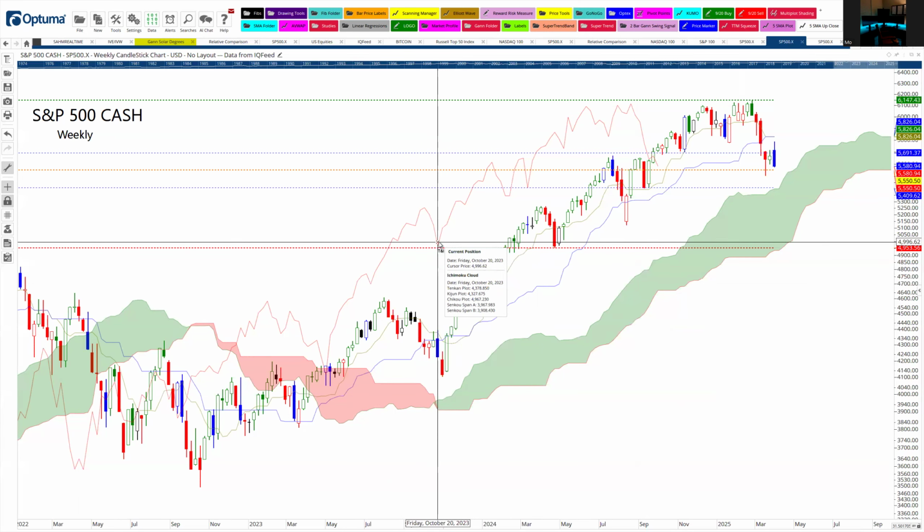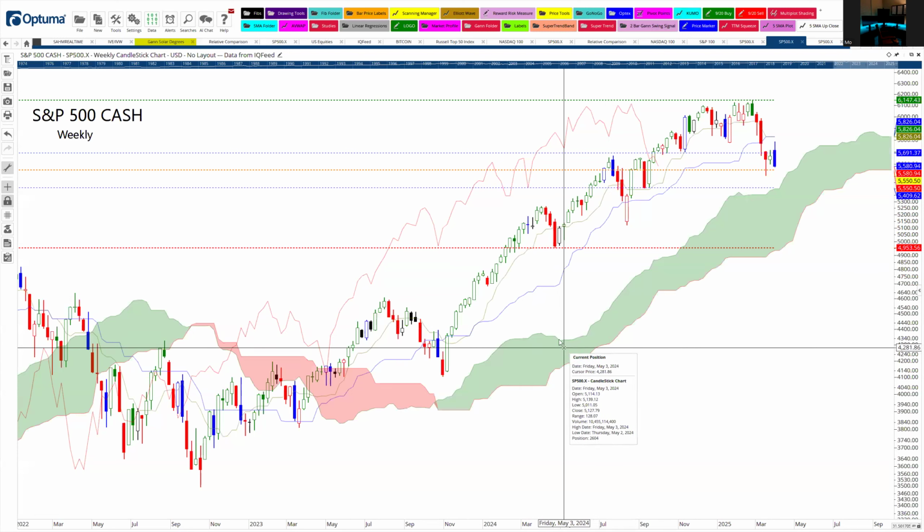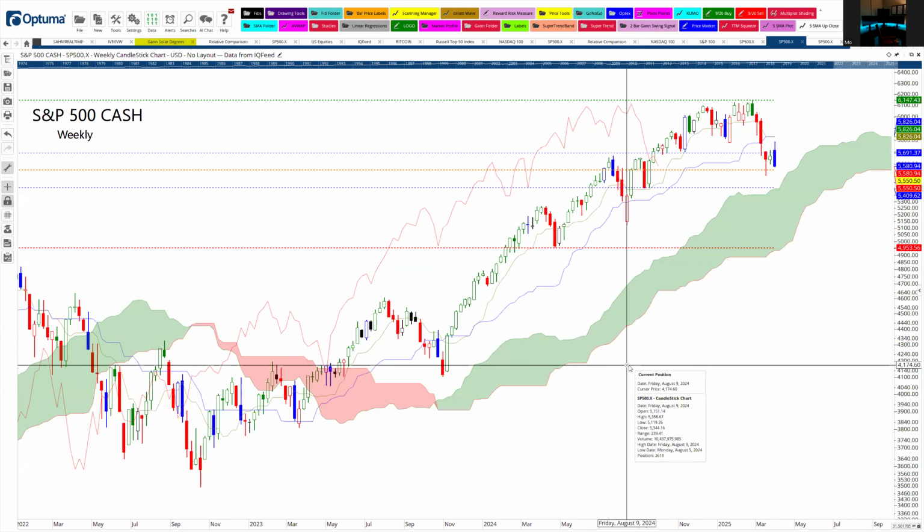There's the Tenkan period, Kijun, Span, Kumo, Chikou, crazy names. They have a lot of stuff, and you can adjust them as well. It depends what settings you use. It's nine, and any settings you change, you see the line moves. So span B, but just a visual look at the price based on default settings, because settings can be changed.